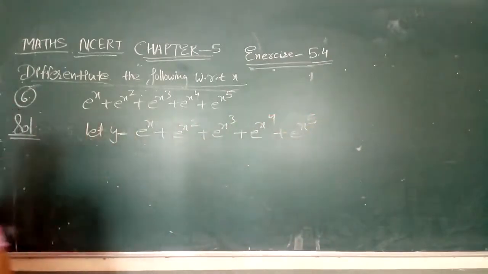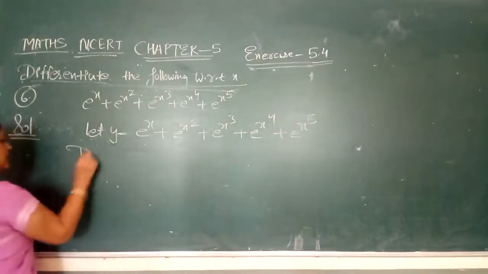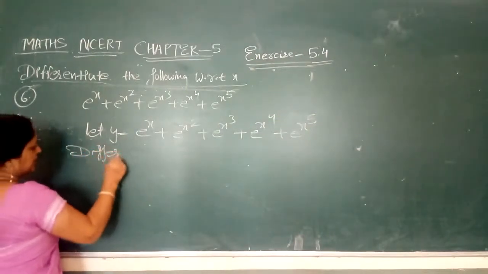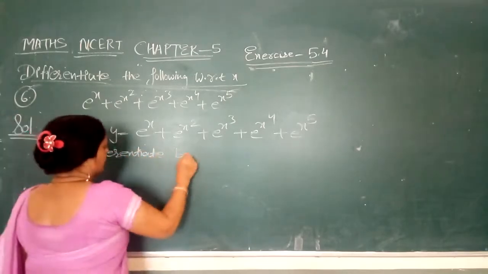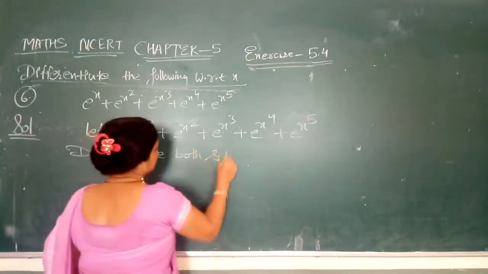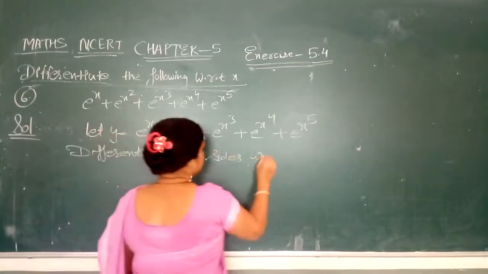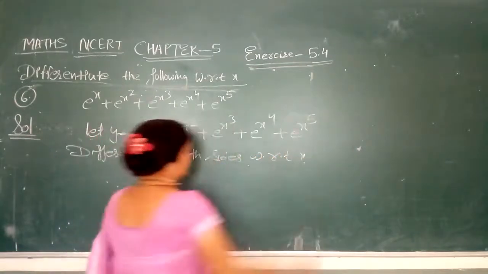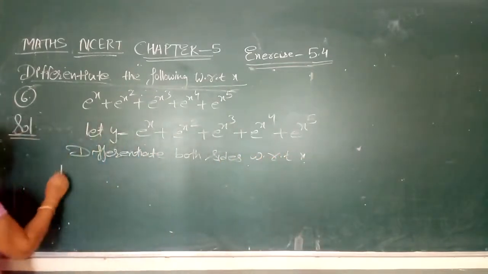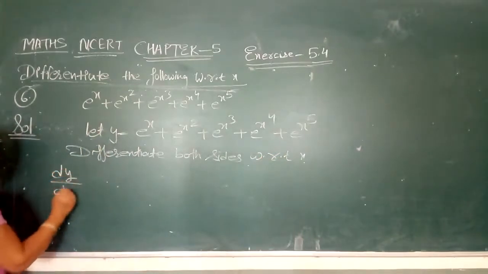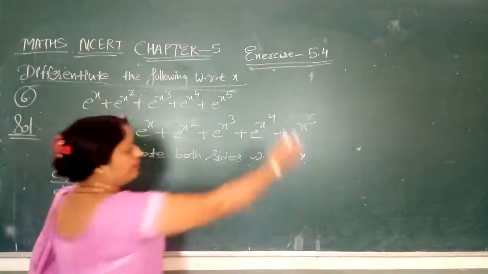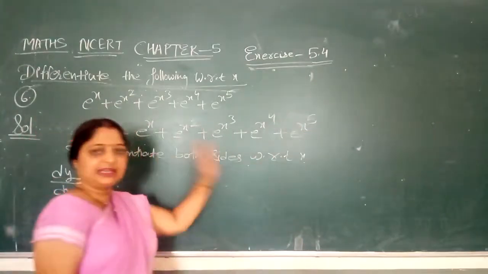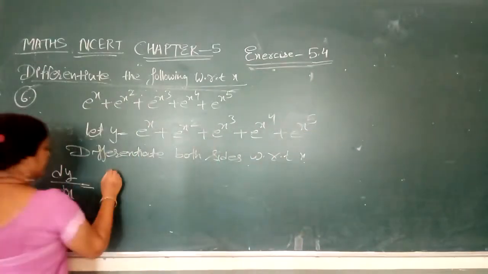Now find the derivative. So differentiate both sides with respect to x. What will come here? It will come dy/dx. In the first step you can write the derivative of the whole term, after that you can separate the terms like this.